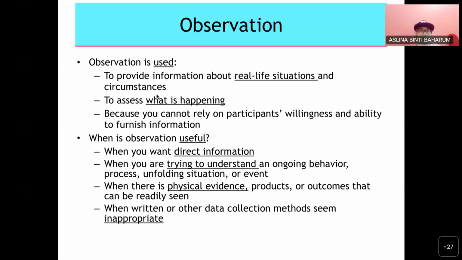So you may look into the real life situations. Do they really need a mall in UiTM Jasin, or is it just that you imagine how if we can have a mall in UiTM? Example. To assess what is happening, look at whether there is an issue.